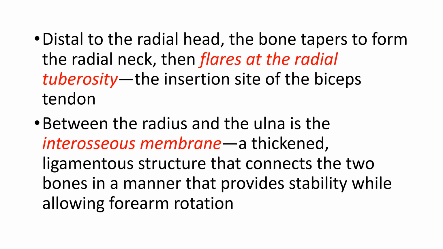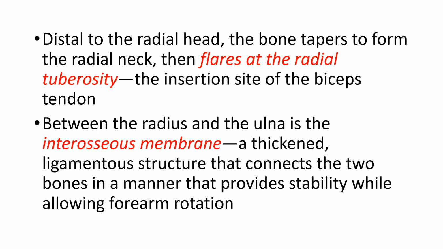This will give you problems, especially when the head of the radius is fractured and comminuted. The whole radius moves proximally, and what happens? You won't have pain mainly at the elbow. You'll have it at the wrist because the distal radio-ulnar joint is disturbed. Keep this in mind, please.